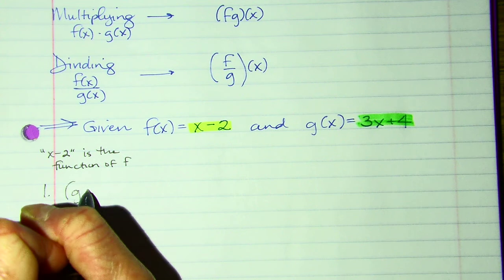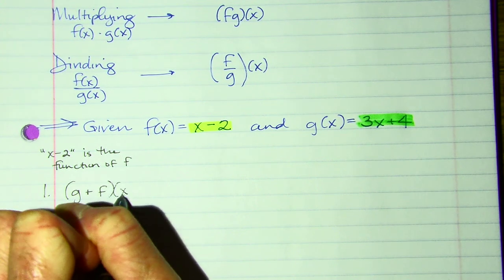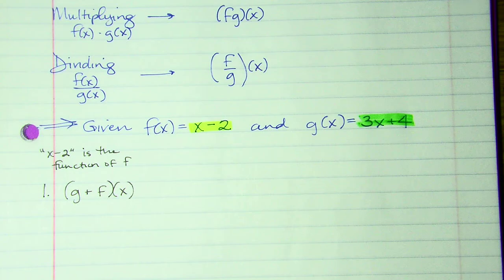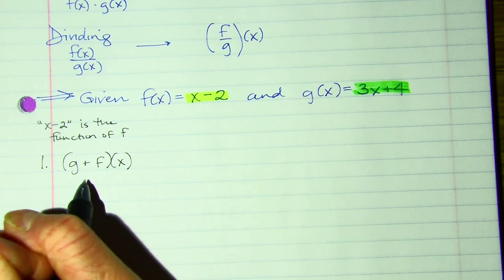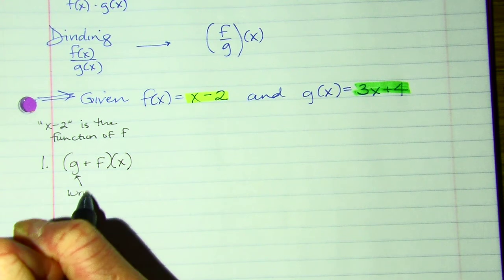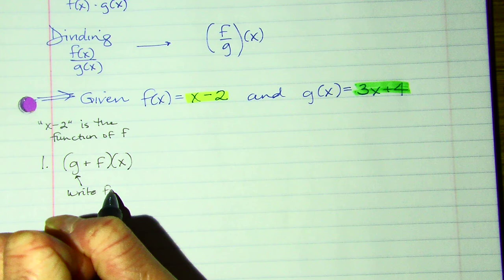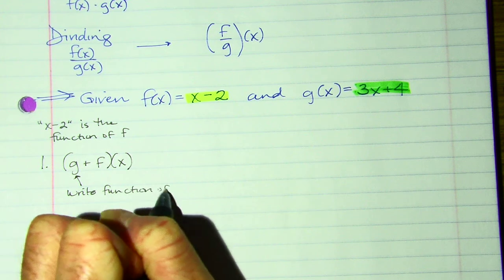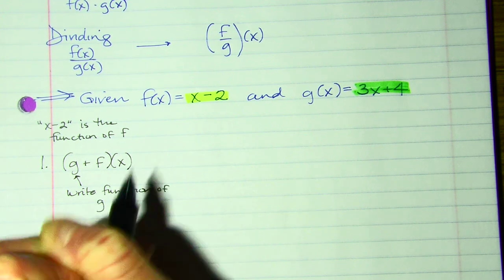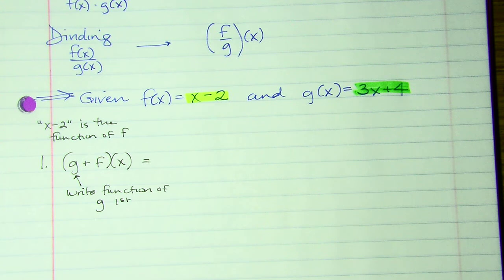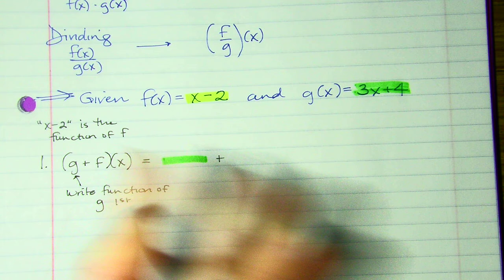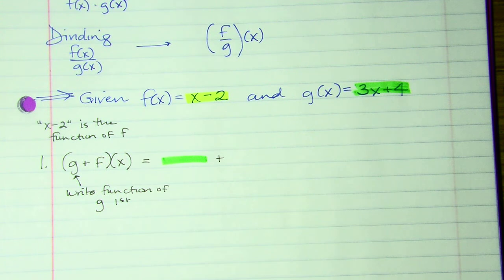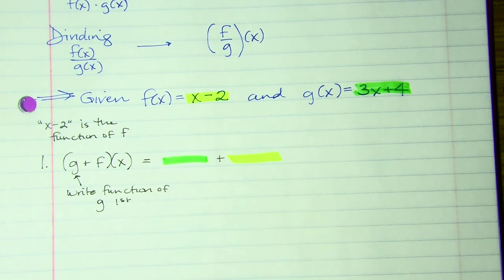So I'm going to start with number 1. Find g plus f of x algebraically. Now this is called algebraically because I don't have a number here. So I'm going to write it in this order. So this means I have to write the function of g first. So that would equal the function of g plus the function of f.